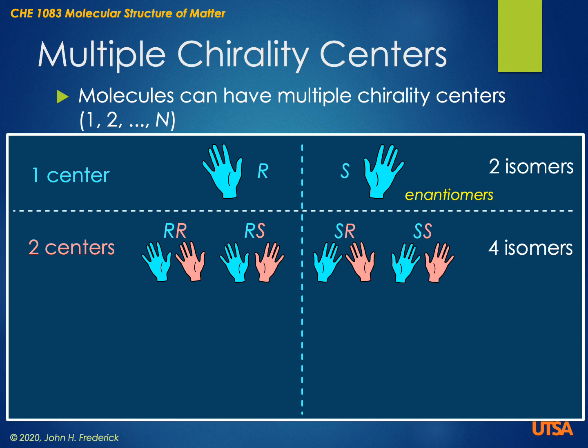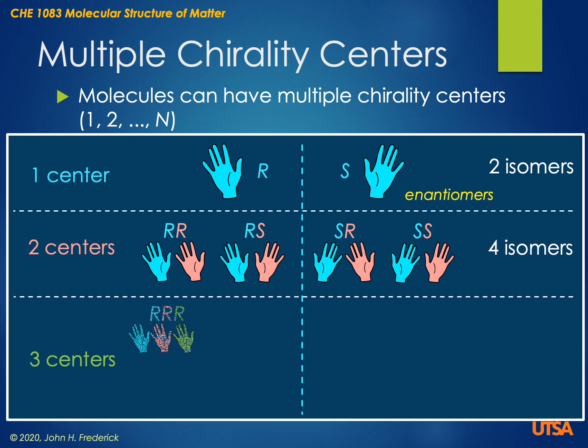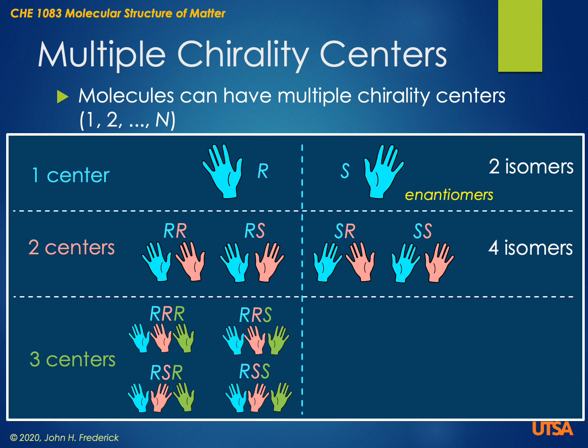Now notice we've specified these 4 because the R of one is not equivalent to the R of the other chirality center. So in other words, these are 4 distinct molecules, none of them superimposable on the others. What if we had 3? Well, now we have even more possibilities. We can have RRR, RRS, we can have RSR or RSS.